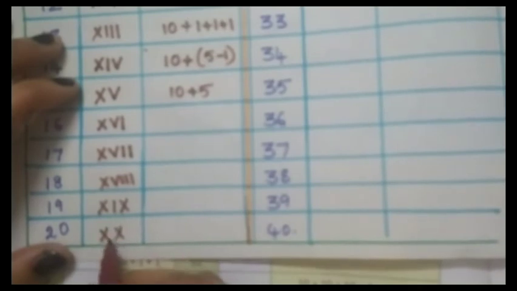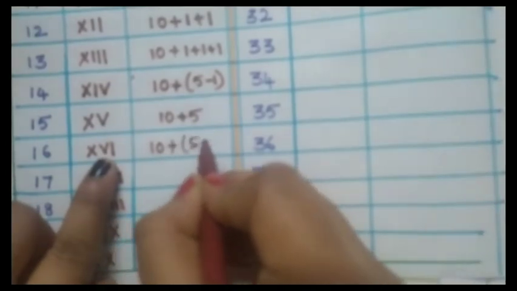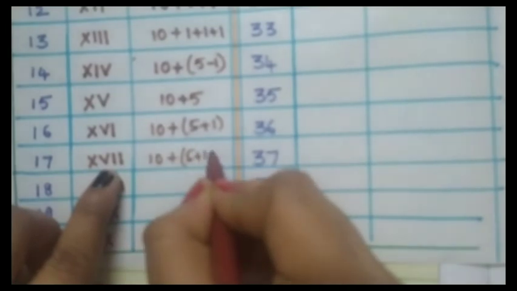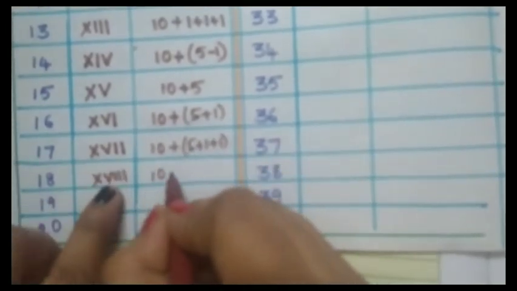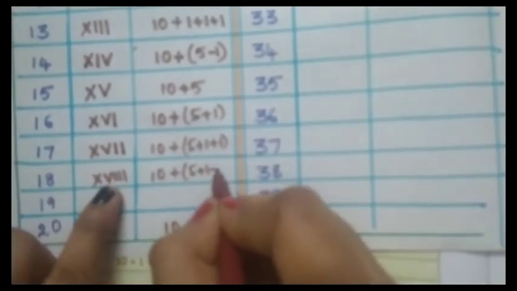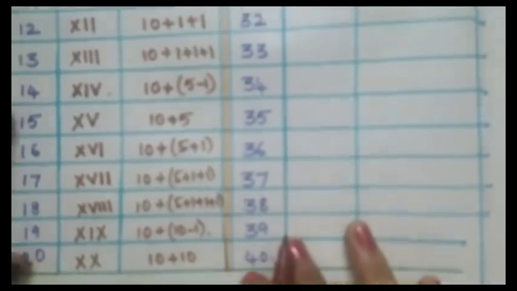Yes, IX. So we get XIX. Next, XX is 20, 10 plus 10. This is 11 to 20.